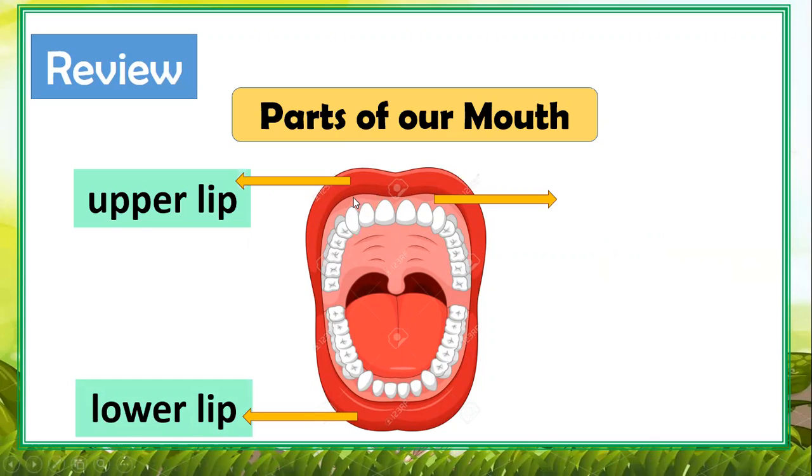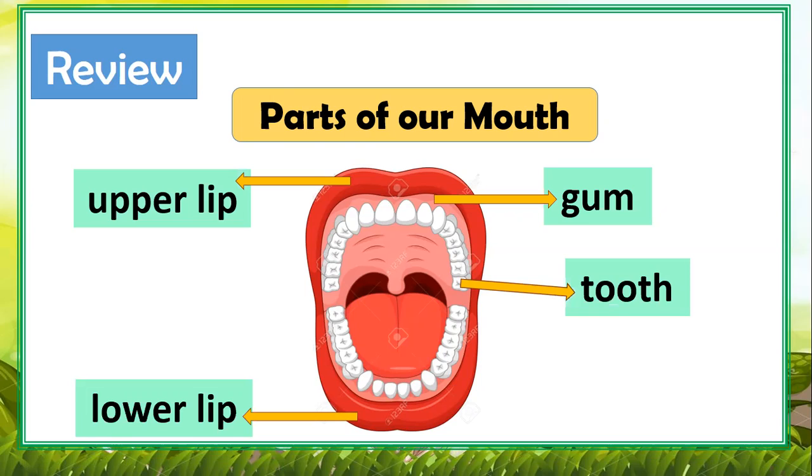Okay, this pink part where our teeth are rooted, this is called... great. Next. What do we call this part? All right. Again, if it is only one, we say tooth.